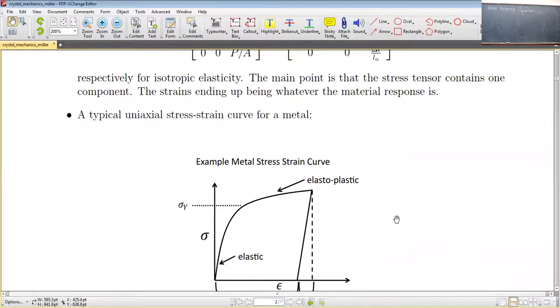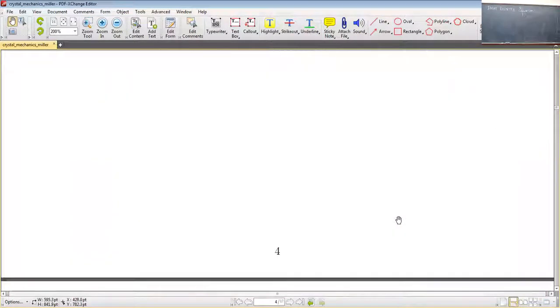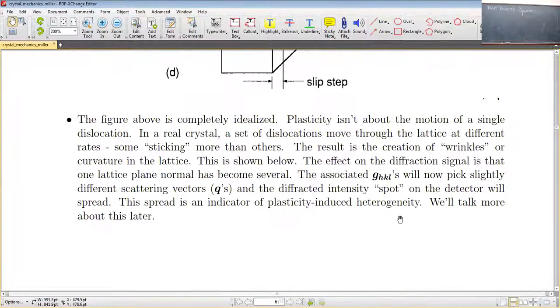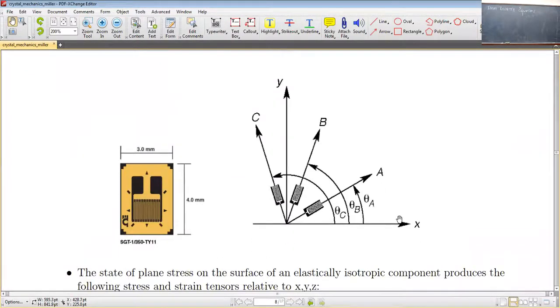Reminds you of something from back in the day. I've kind of jumped around a little bit, as you can see. So the figure on the left, that's called a linear strain gauge. That's your crystal lattice.